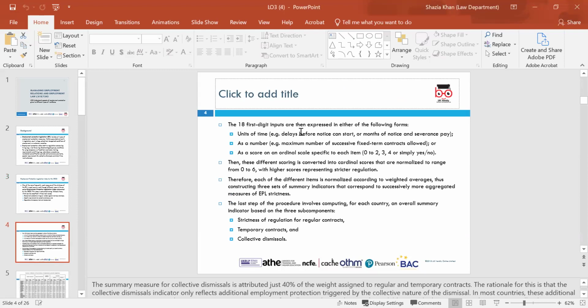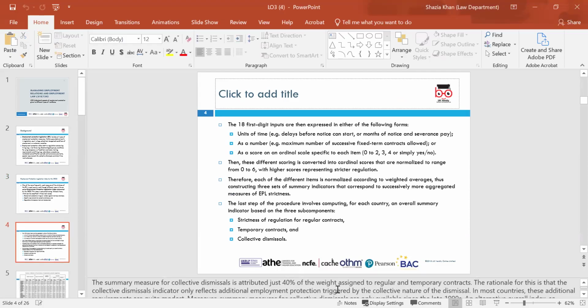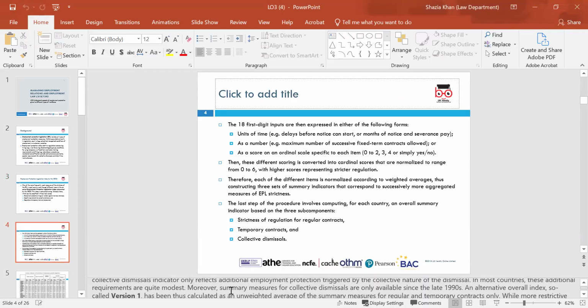Also, the 18 first-digit inputs are then expressed in the following way. The summary measure for collective dismissal is attributed just 40% of the weight assigned to regular and temporary contracts. The rationale is that the collective dismissals indicator only reflects additional employment protection triggered by the collective nature of the dismissal.